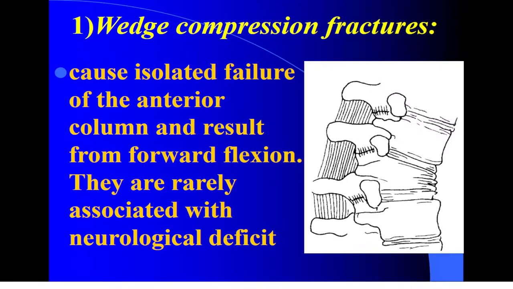So it is a compression mechanism fracture. Let's say that it is the most common type of injury in the general statistics of spine trauma. Compression fracture is number one.